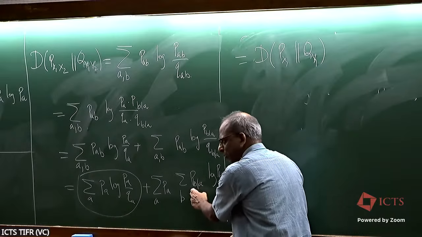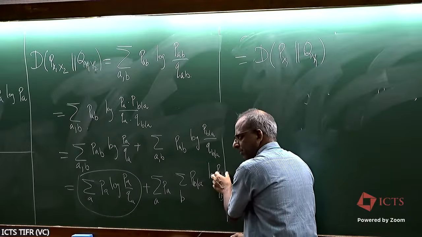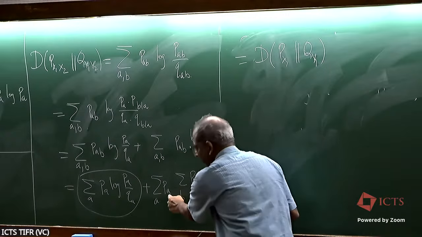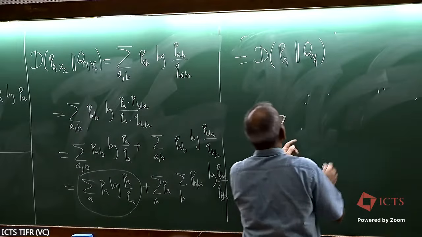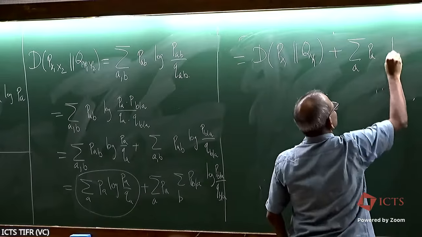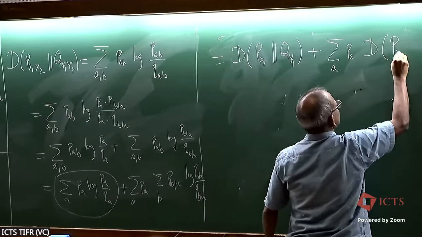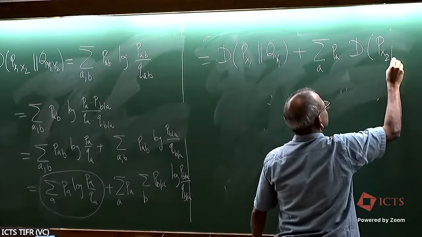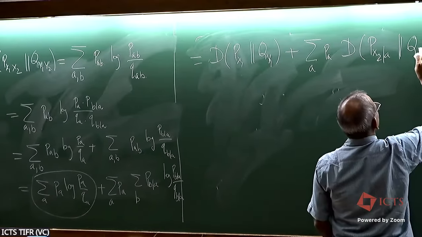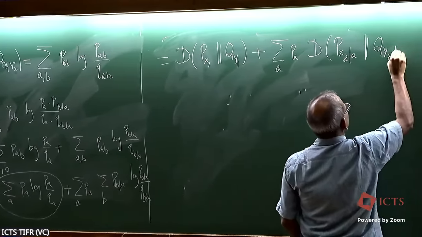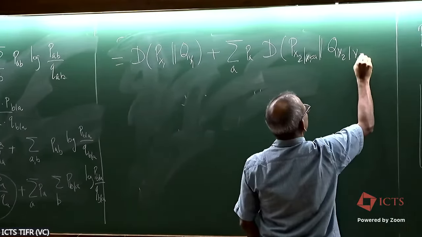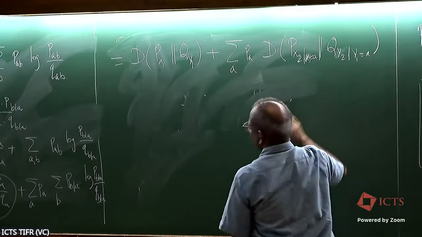This is a relative entropy between P(B|A) and Q(B|A), the two conditional distributions for this choice of A. So this is plus, let me write it for now as a sum. I write x1 equals A and y1.